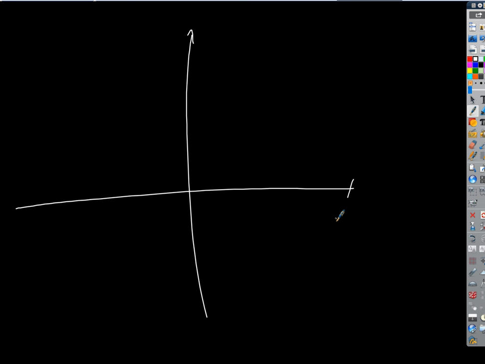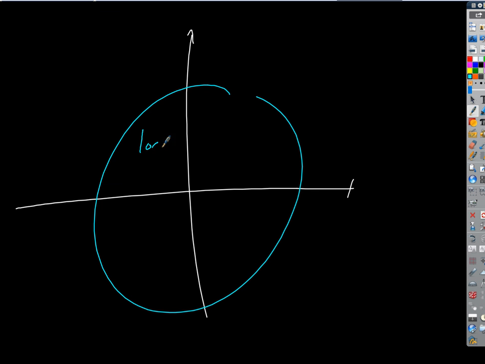We can sort of divide it up into regions. We can talk about the local behavior, the behavior around the origin. When I say around the origin, that's all relative, right?